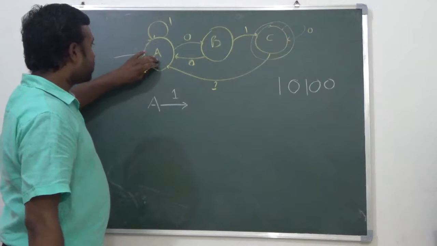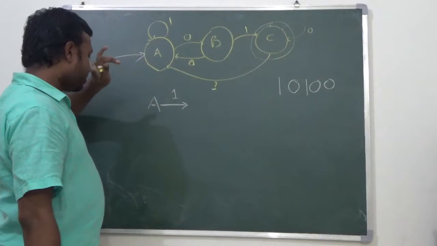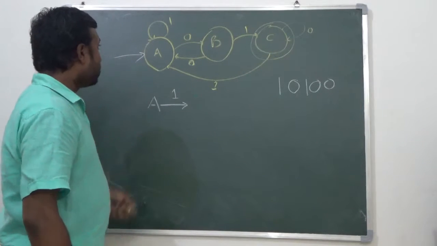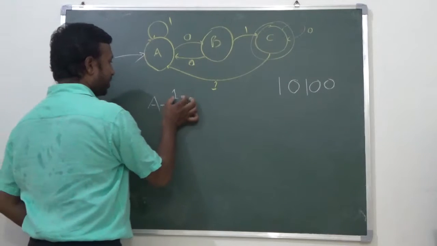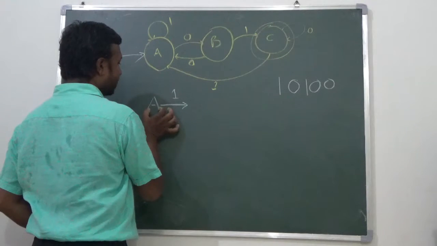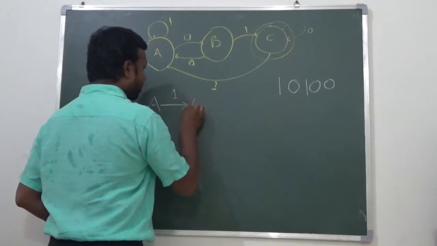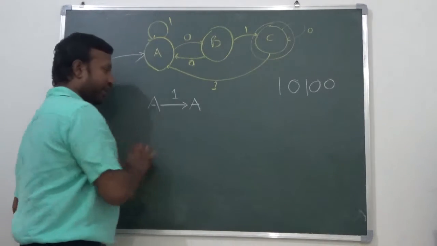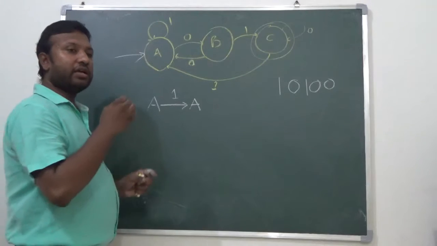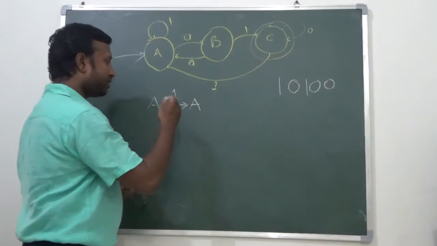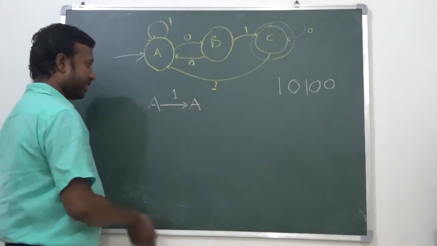If you look at this machine, there is no doubt that by processing this 1 from the start state A, it will again come back to this A, right? There is no confusion in determining the next state.